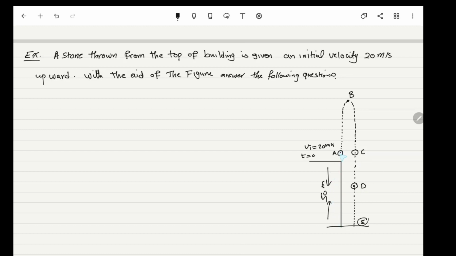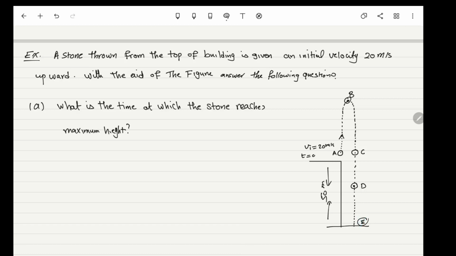The initial velocity for this stone is 20 meters per second, directed upward, and the initial time is 0. Then the stone reaches the maximum height at point B, and momentarily the velocity here is equal to 0, and then back to position C, then position D, then position E.